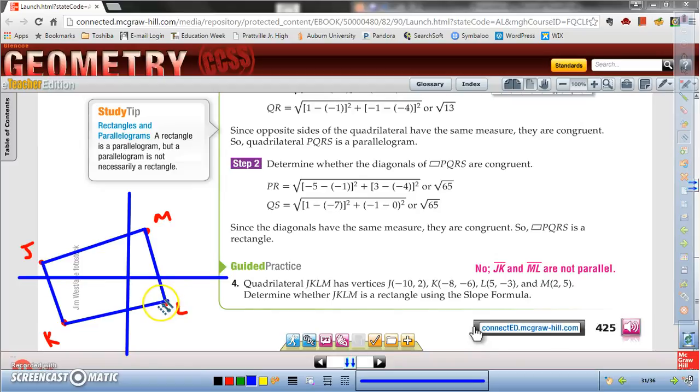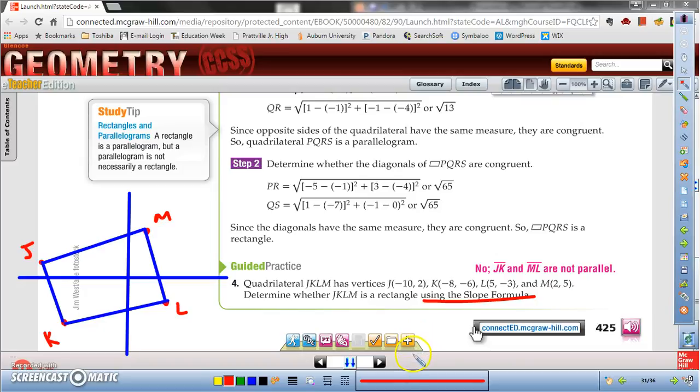In this case, though, I am not concerned with side lengths and diagonal lengths because your directions specifically stated to use the slope formula.